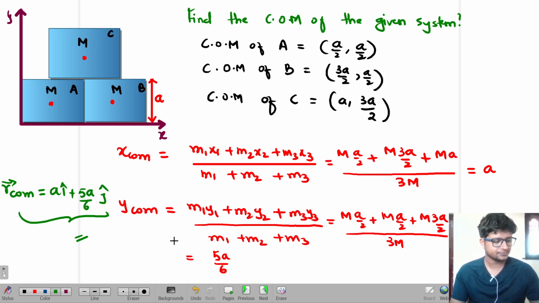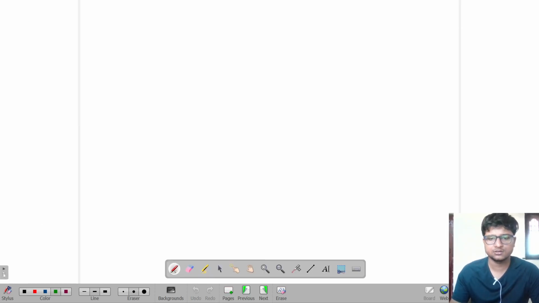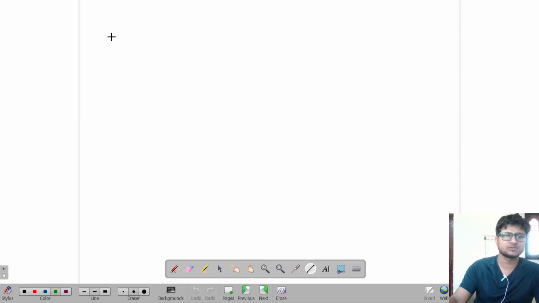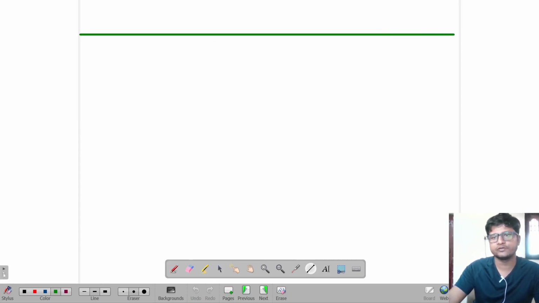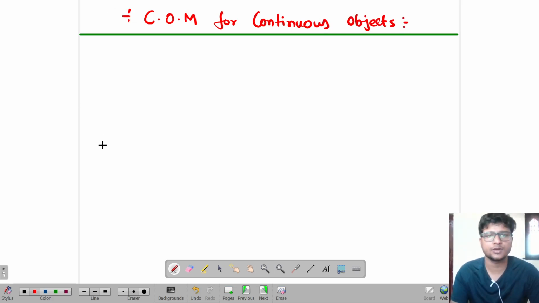Okay, now let us give our heading: the center of mass for continuous objects.